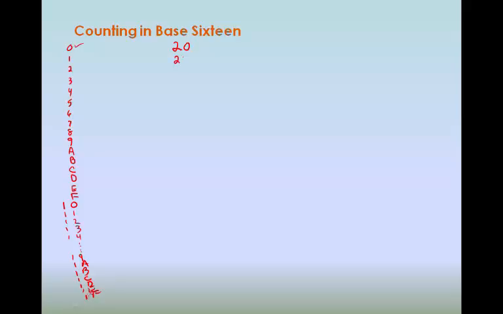And then I go through 2, 1, 2, 2, 2, 3, and all the way up to 2F again, and then it would be 3, 0, 3, 1, 3, 2.